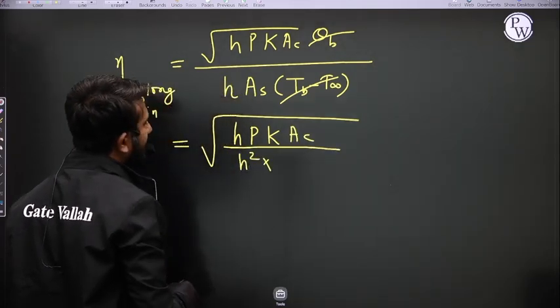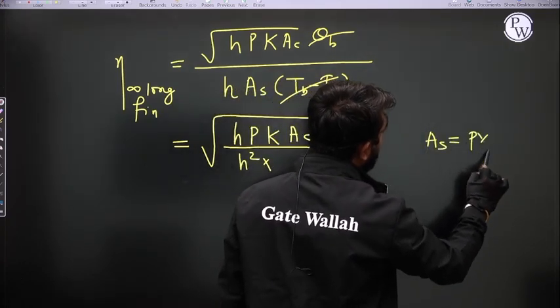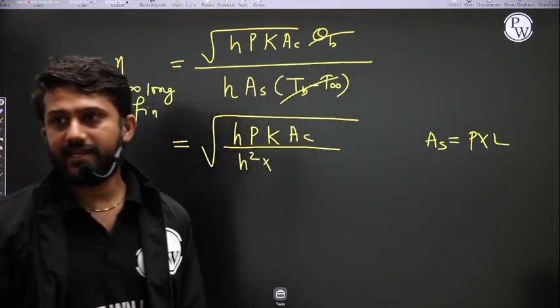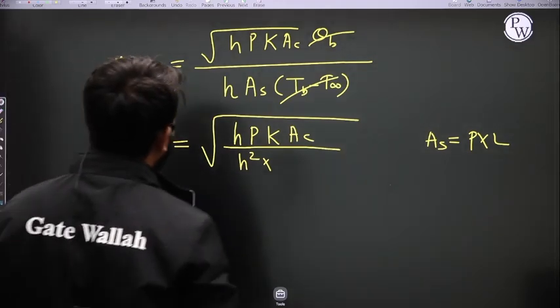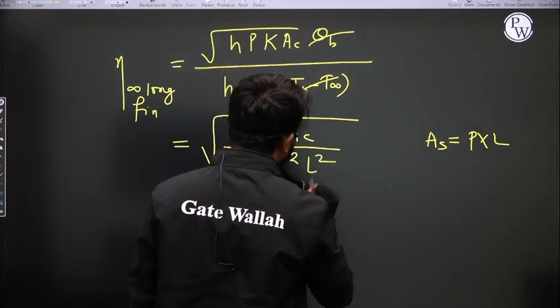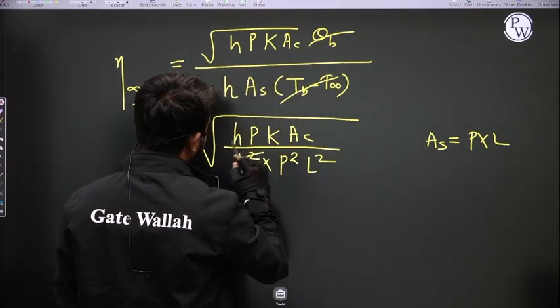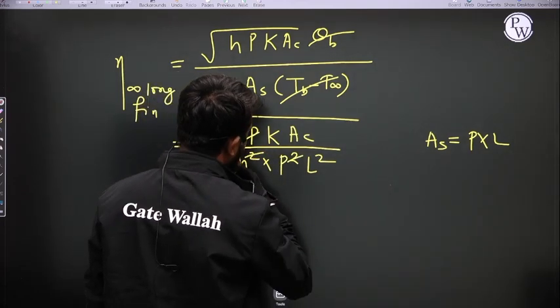Now what is AS? Surface area. Surface area is perimeter into length. So the surface area is P square L square. h cancels out, P cancels out.